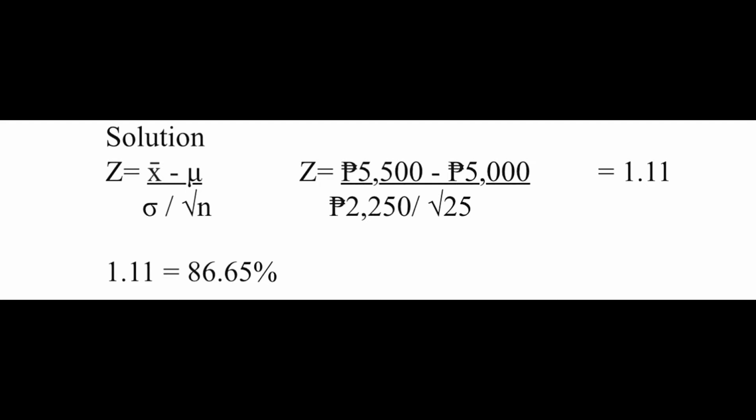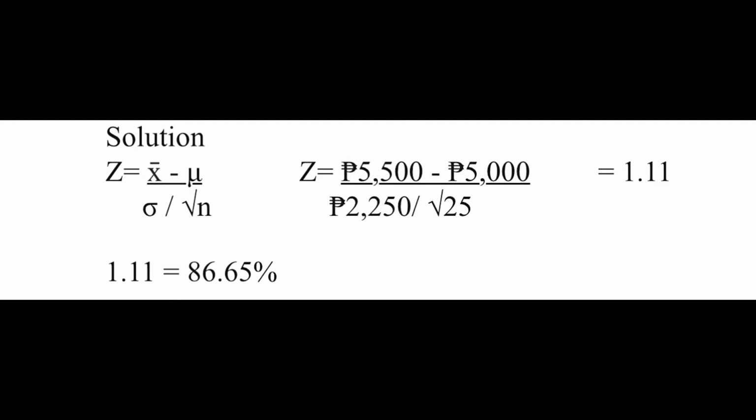Now, let us all remember the formula: X bar minus mu all over the standard deviation over the square root of n. Now, let us convert it into our given in the problem. 5,500 minus 5,000 all over 2,250 over the square root of 25, and after we compute it, the final answer will be 1.11.